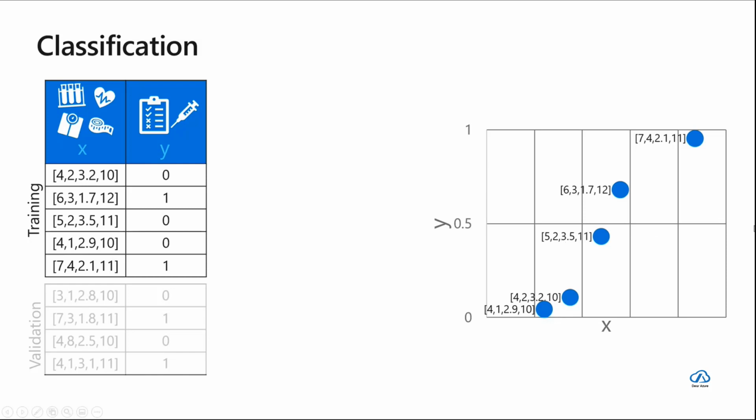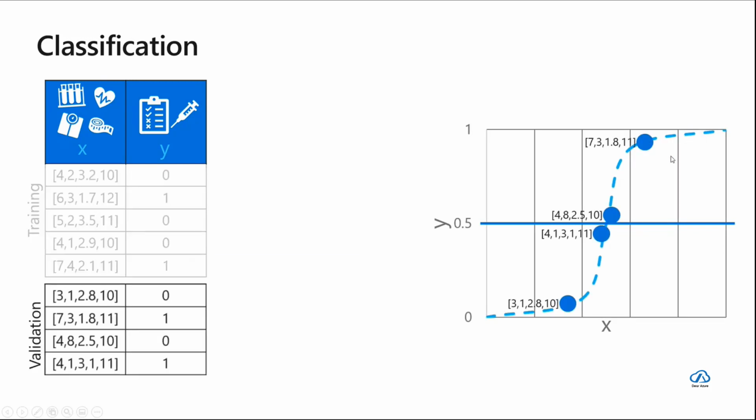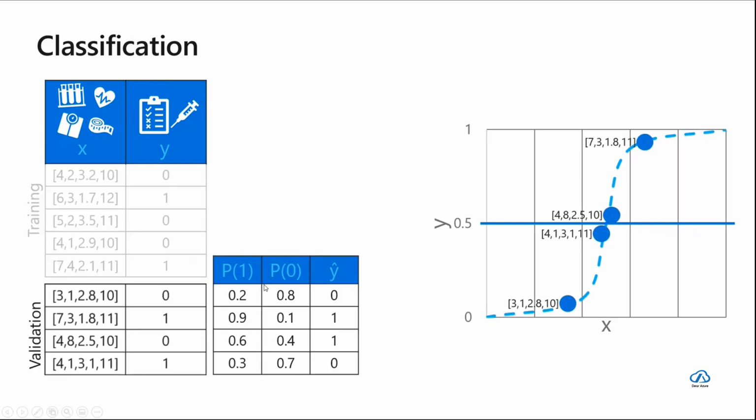Depending on your use case you set your threshold values, and there are other algorithms that allow you to set thresholds as well. Then you calculate probabilities, the probability with which that patient is either diabetic or non-diabetic.